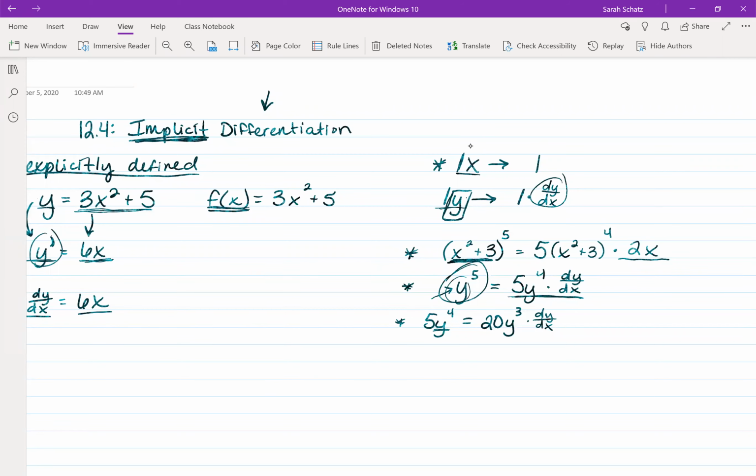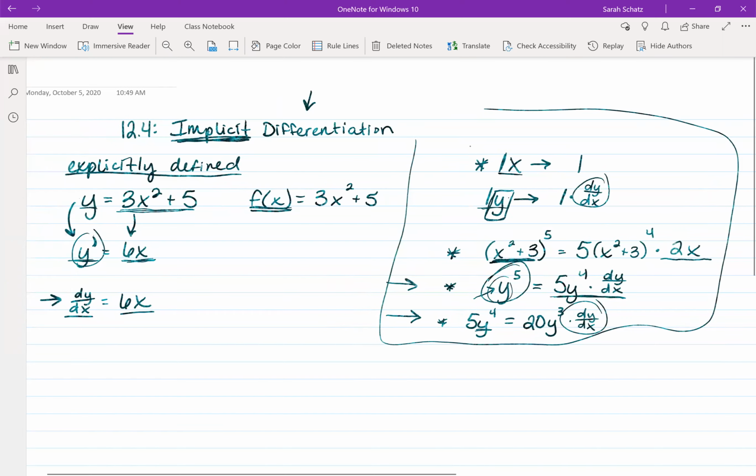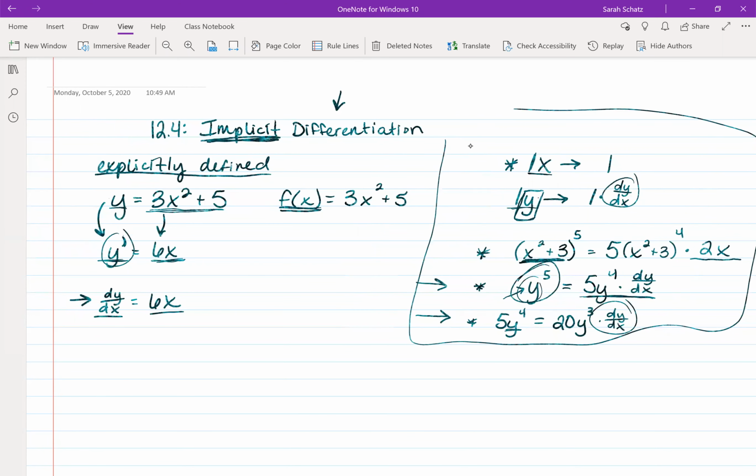So what's the difference between a term with x's and a term with y's in terms of the derivative, you guys? I take the derivative just like I would if it was an x, and then I just add a dy dx on the end. So using this chain rule business, I am going to move to equations that are not explicitly defined, which means they're not solved for y.